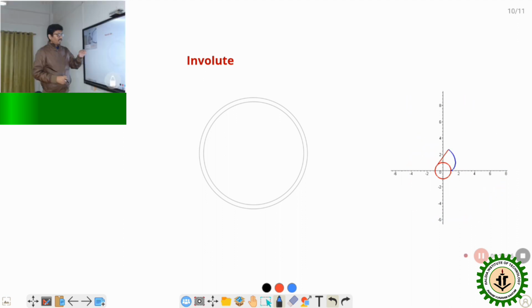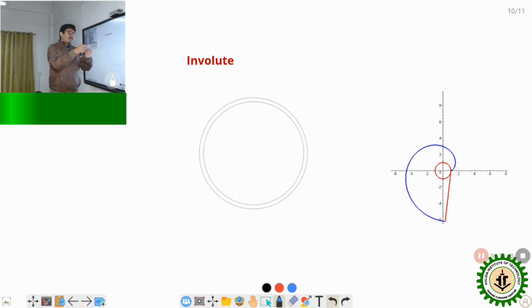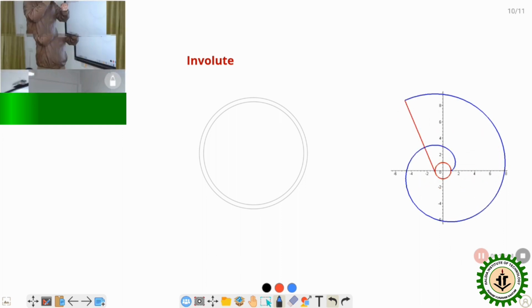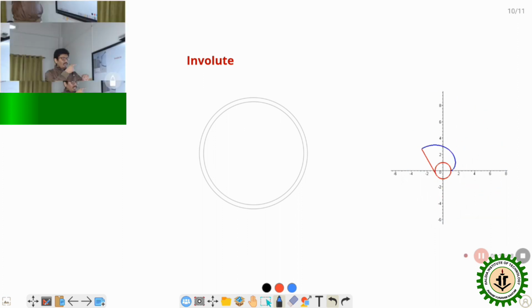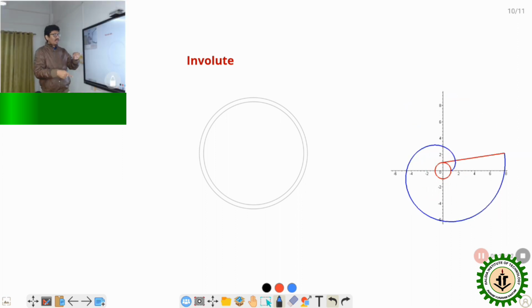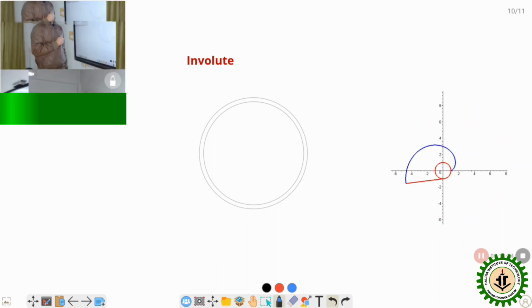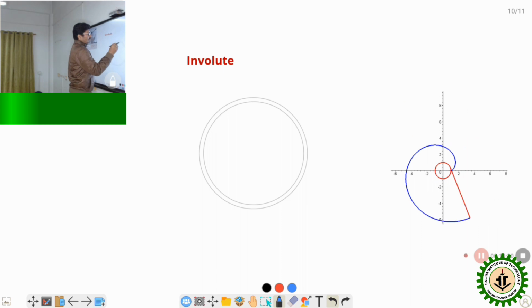There is a cylinder, and if I wrap a thread on the cylinder, then during unwrapping, the free end of the thread will trace a path. The path traced by the free end of the thread is known as the involute of a circle.